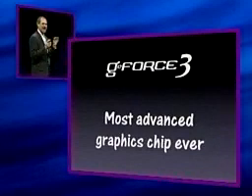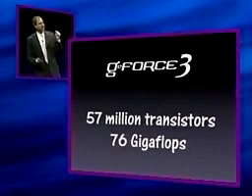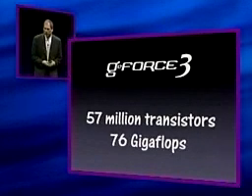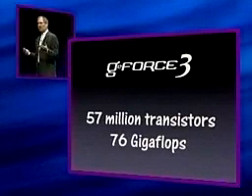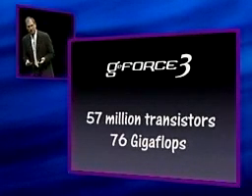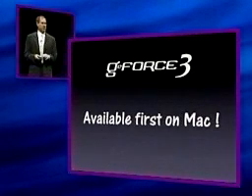The GeForce 3 is the most advanced graphics chip ever. This thing's amazing. It's got 57 million transistors, and internally, for its specialized graphics computations, can get up to 76 gigaflops. And it is going to be available first on the Mac.